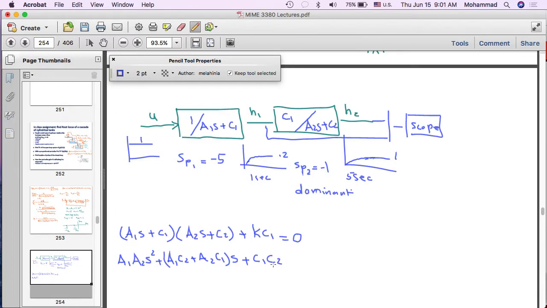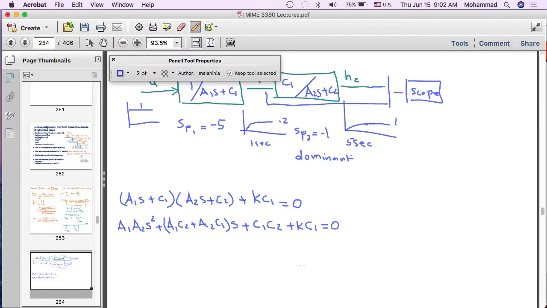So A1 A2 s squared, A1 C2 s, A2 C1 s, and C1 times C2, plus K times C1 equals 0. So we need to find the two poles. This is a second order polynomial, so a quadratic equation.